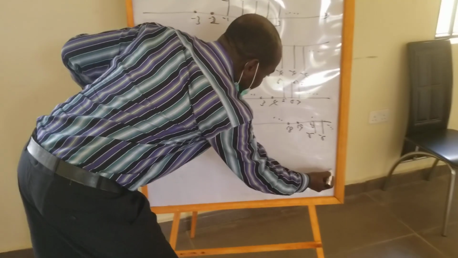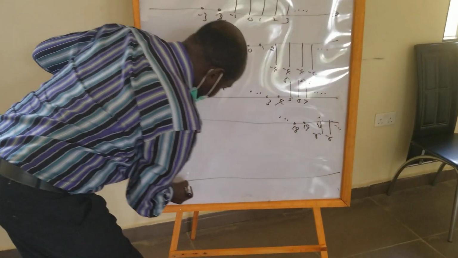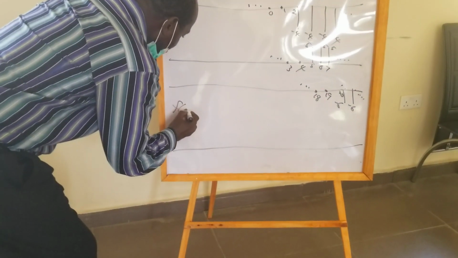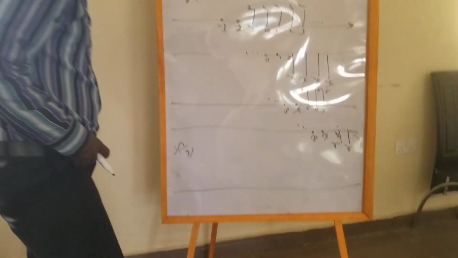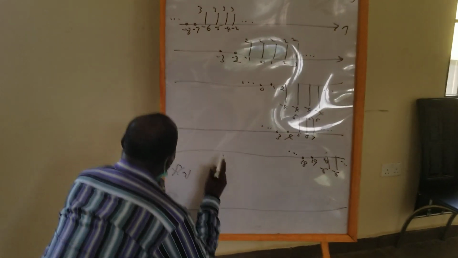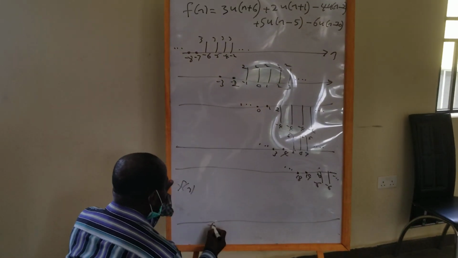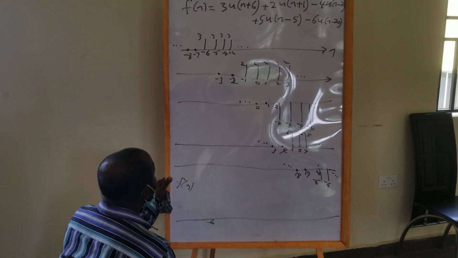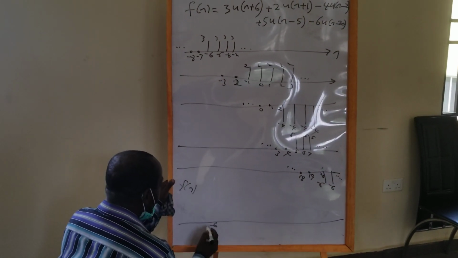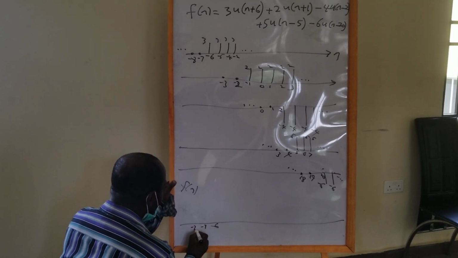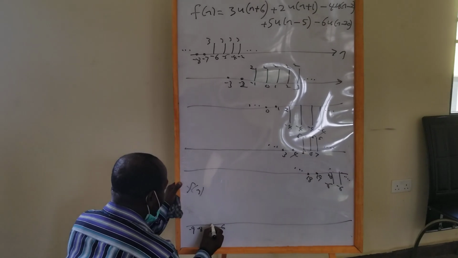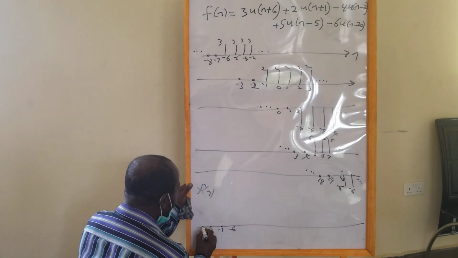Let's now combine f of n. Now let's start from this end. Action will start at where? At minus 6. Before that, nobody has anything. It's 0, 0, 0. So at minus 7, minus 8, minus 9, it's going to be 0, 0, 0.